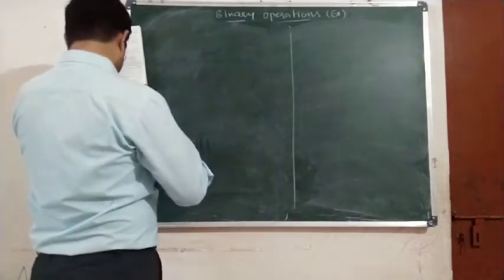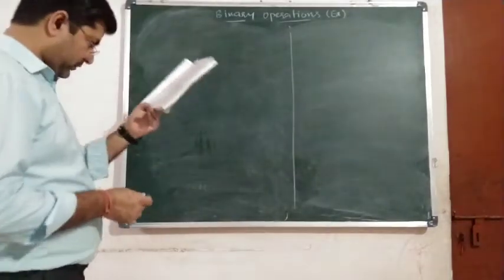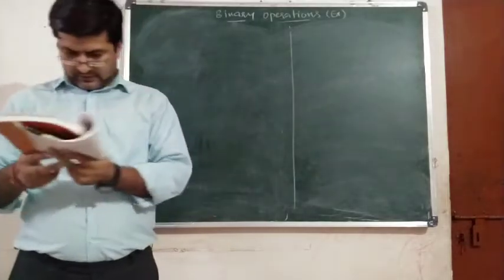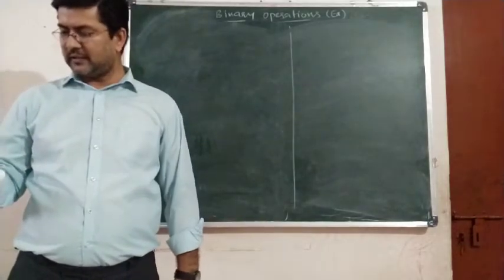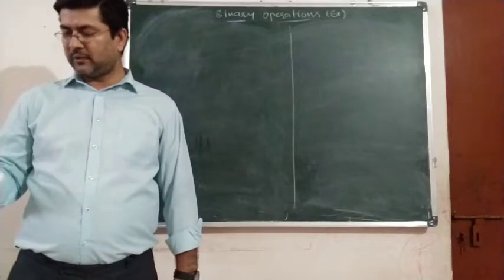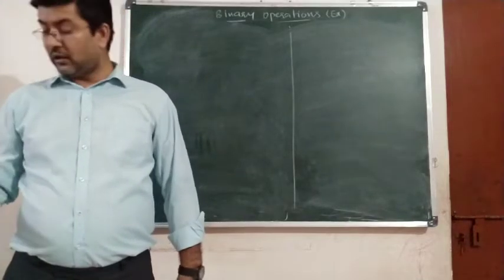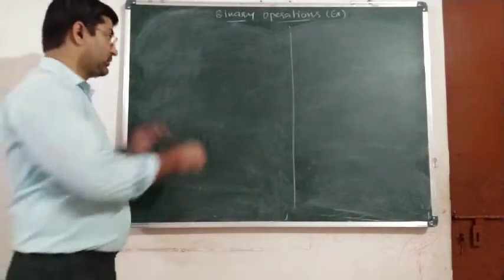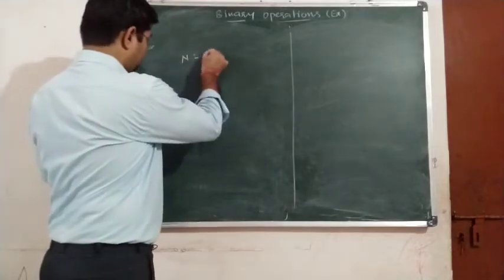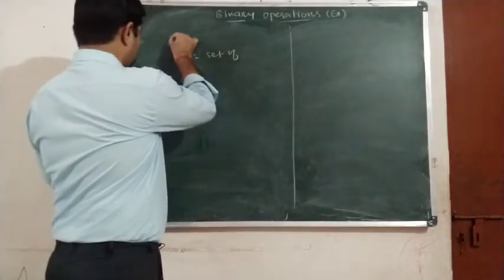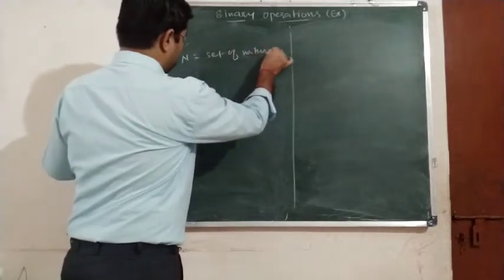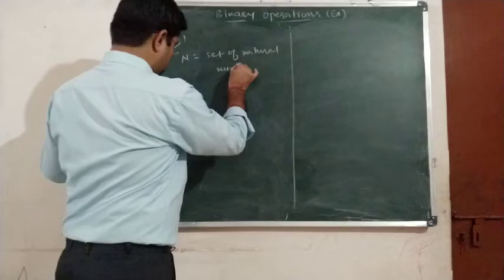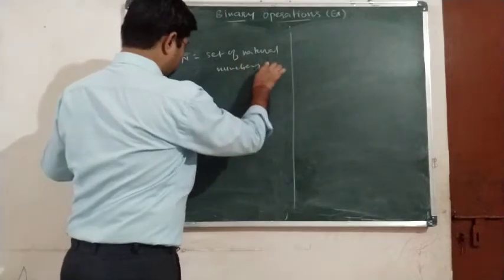Question number 8. It is given to show that the set N of natural numbers with respect to addition as the binary operation has identity. Now in the question it is given that the set of natural numbers N is given.